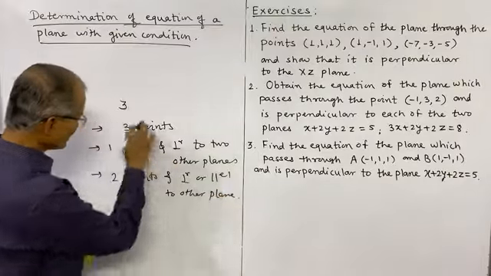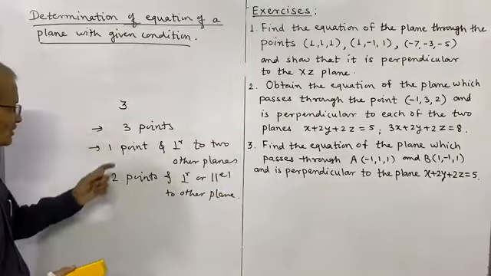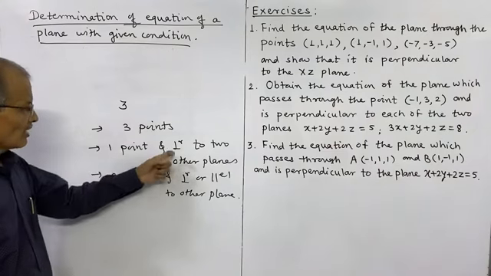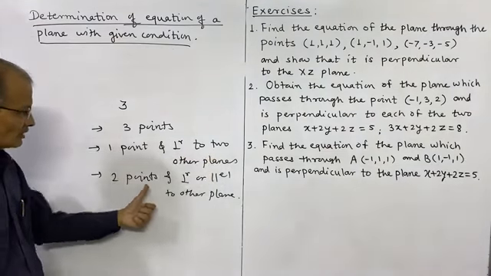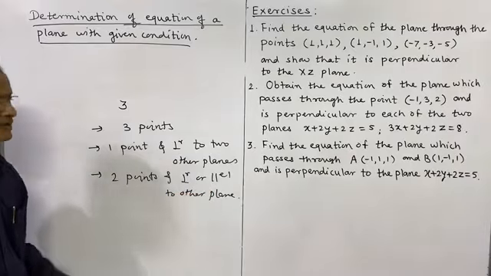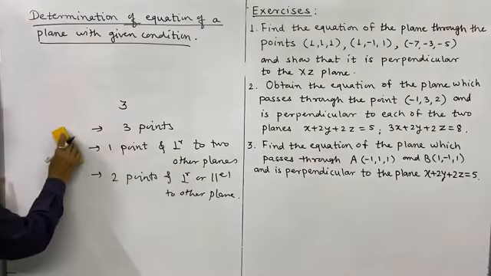So in all, every type will have 3 conditions, either 3 points, or 1 point and perpendicular with 2 conditions, or 2 points with 1 condition, and thus 3 conditions will be given.